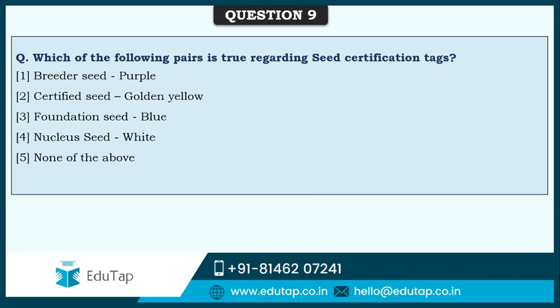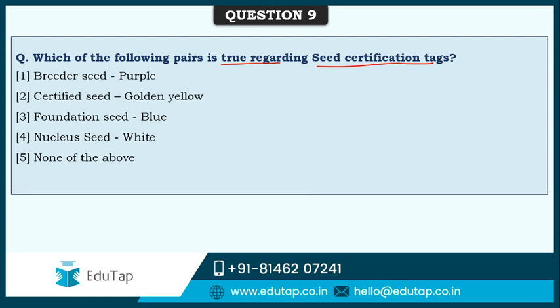So which of the following pairs is true regarding seed certification tags? Seed production, this is from seed production. Yes, brinjal, Amarjot, yes, you are true that brinjal also has a high seed multiplication rate.